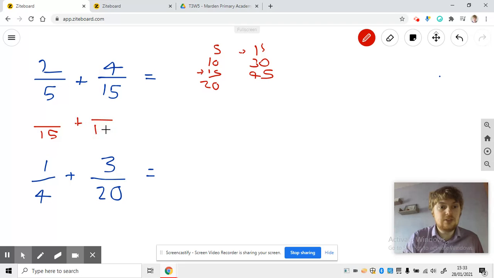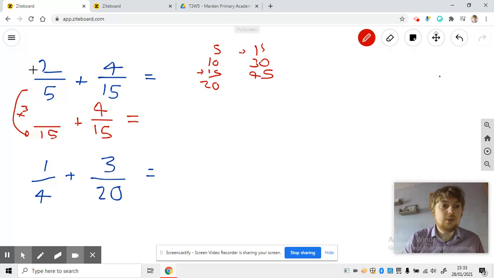However, we can see that our second fraction is in 15ths already, so we can keep that as our 4/15ths. But we need to establish what we do here. So we have to remember, what do I do to go from my denominator of 5 to my denominator of 15? Well, I multiply by 3.